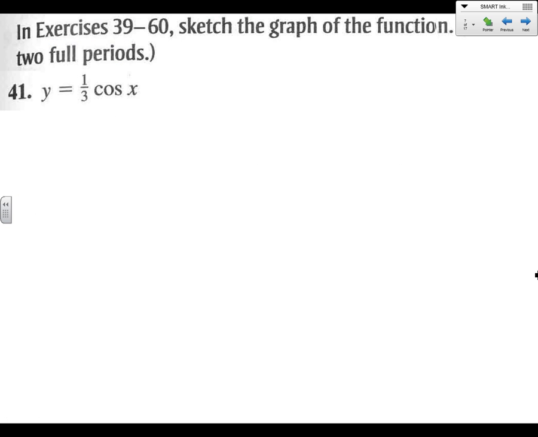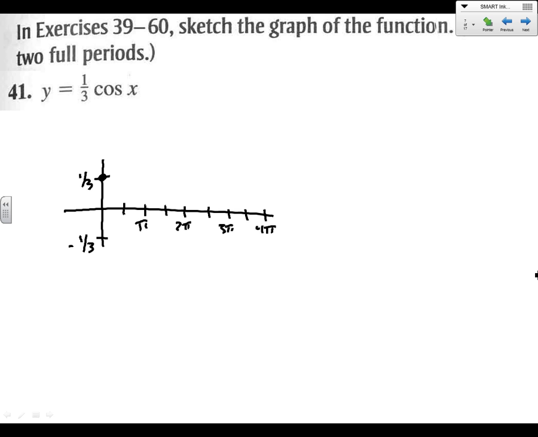Alright, so knowing that, see if you can knock out 1/3 of cosine x. 2 periods again. Alright, so here we go. We're going to go up to 1/3. We're going to go down to -1/3.